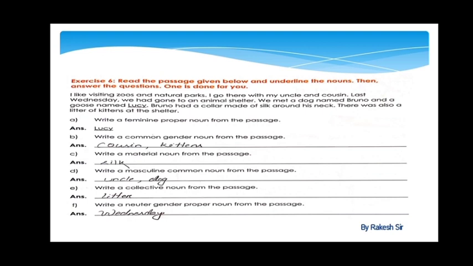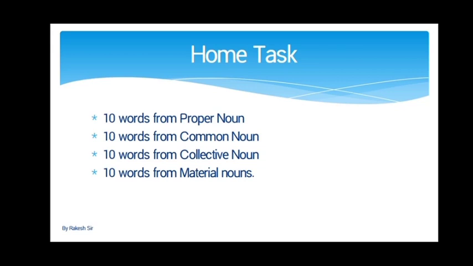Now I have a task for you. This one you will write in your English copy. See the task: 10 words from proper noun. Before, in class, I gave four genders, that means 10 for masculine, 10 for feminine, 10 for common and 10 for neuter. This time, the same: 10 from proper noun, 10 from common noun, 10 from collective noun and 10 for material noun.